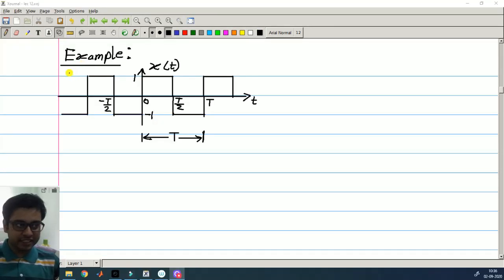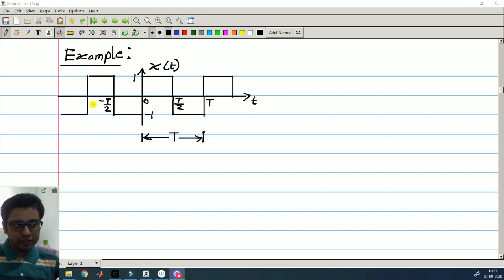Let us now see an example. Consider this square wave with time period capital T. So that means this is t equal to 0, this is capital T over 2, this is capital T, this is minus capital T over 2, and so on.